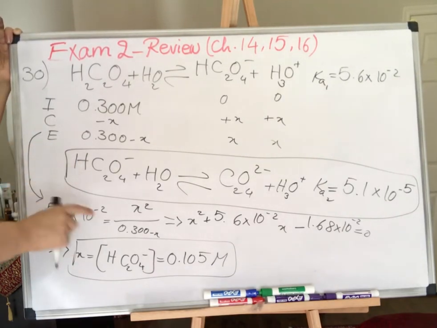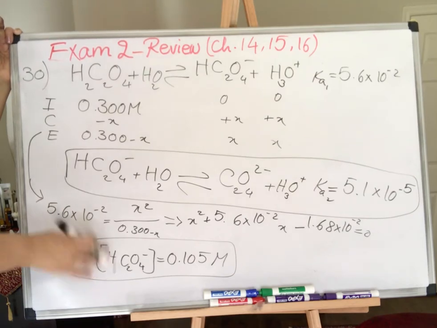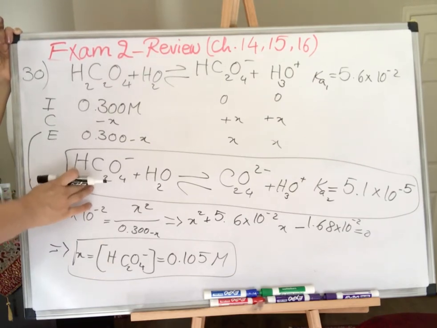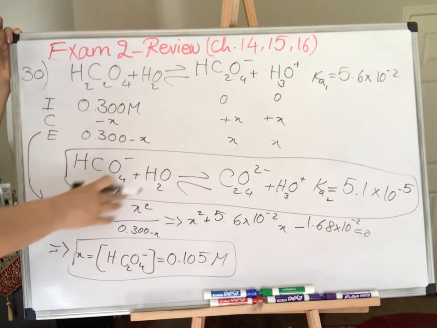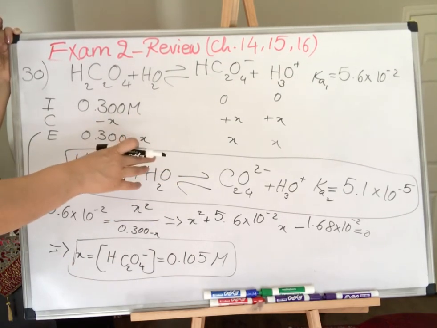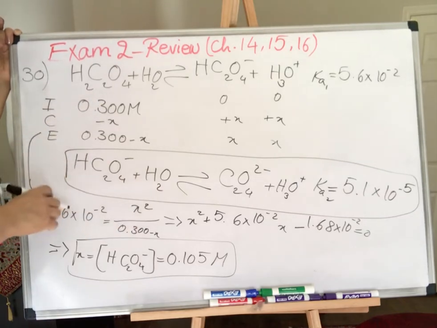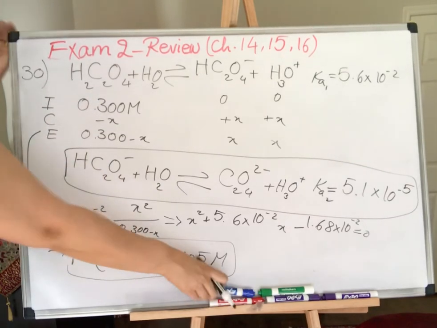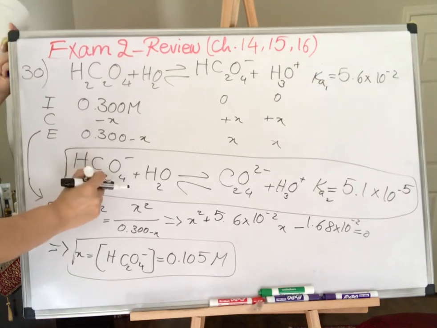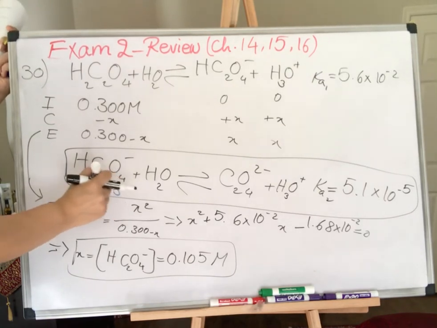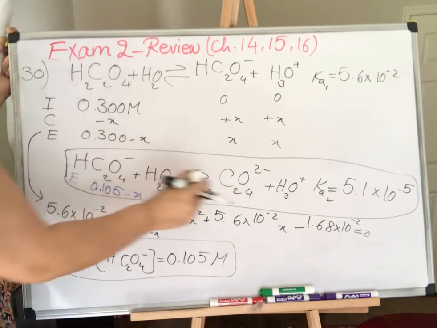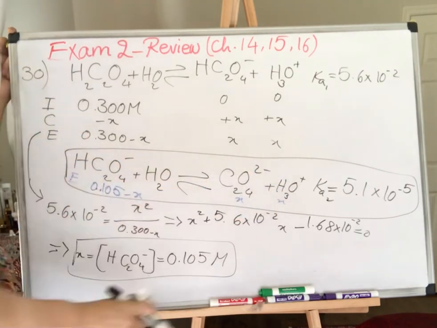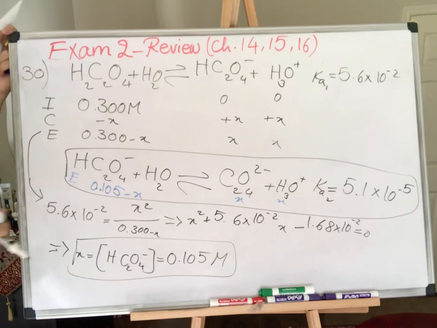Now, I kept this second ionization to tell you something. You might say, okay, I'm not done yet, I still have it here. But if you plug it in here and go with the rest of the procedure, for example, put 0.105, then it would be minus x at the end and at the equilibrium, and then you will have x, and then you solve another quadratic equation.